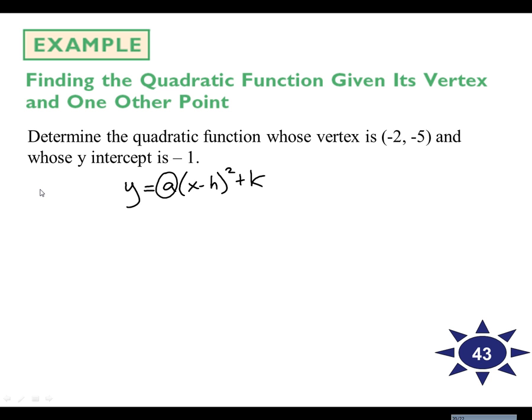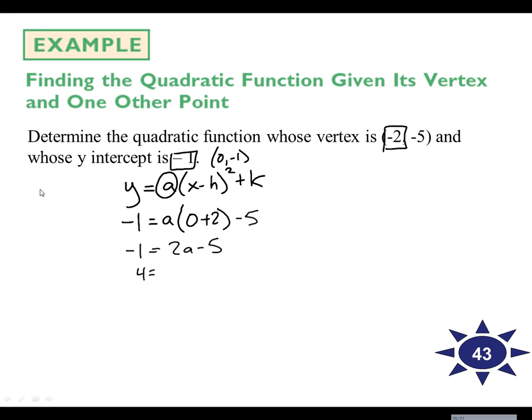We have a y number, negative 1. And that's going to match up with, since it's the y-intercept, that's actually 0, negative 1. So 0 minus negative 2, so plus 2, plus negative 5, so minus 5. And so we'll have negative 1 equals 2a minus 5.